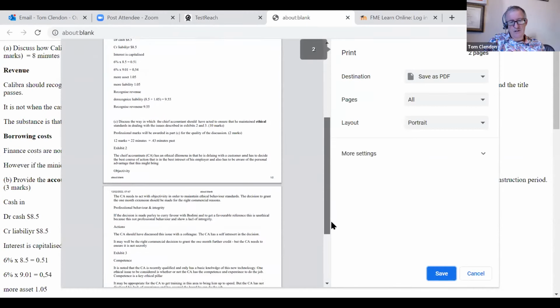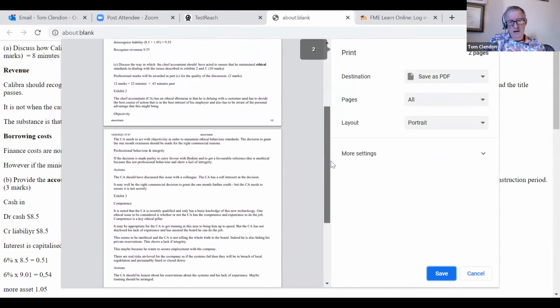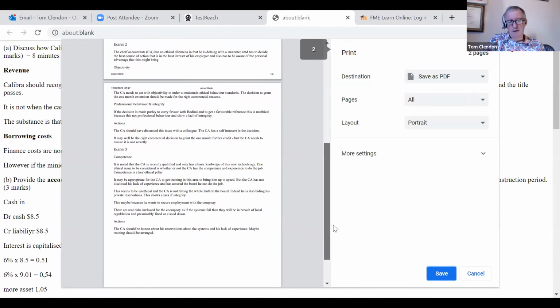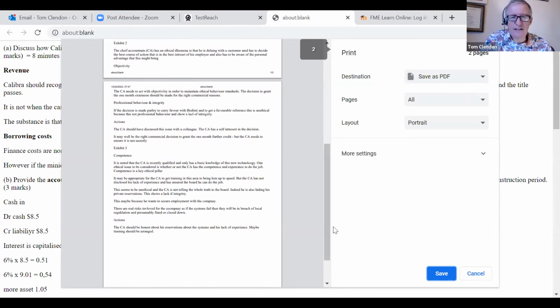So this is how my answer looks. This is a 20-mark question. You can see there's lots of white space. For God's sake, make sure that your answer has white space in it, so you're challenging the marker to earn a mark, to give a mark on each little mini paragraph.